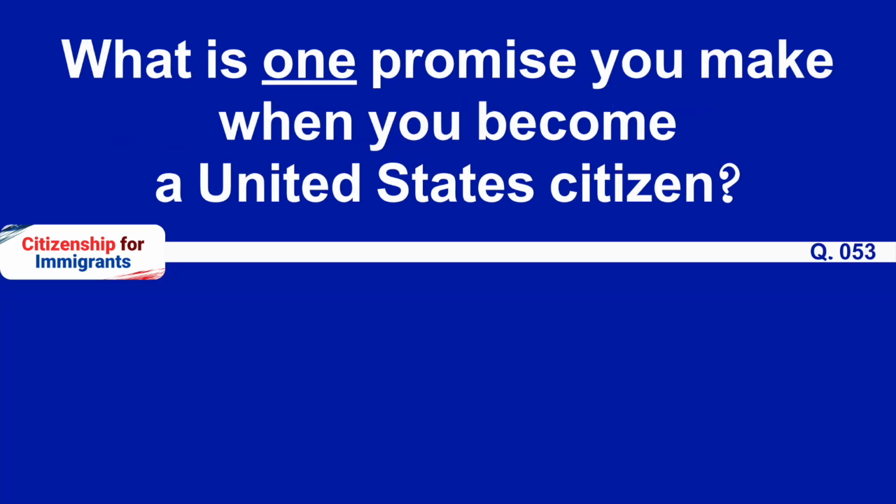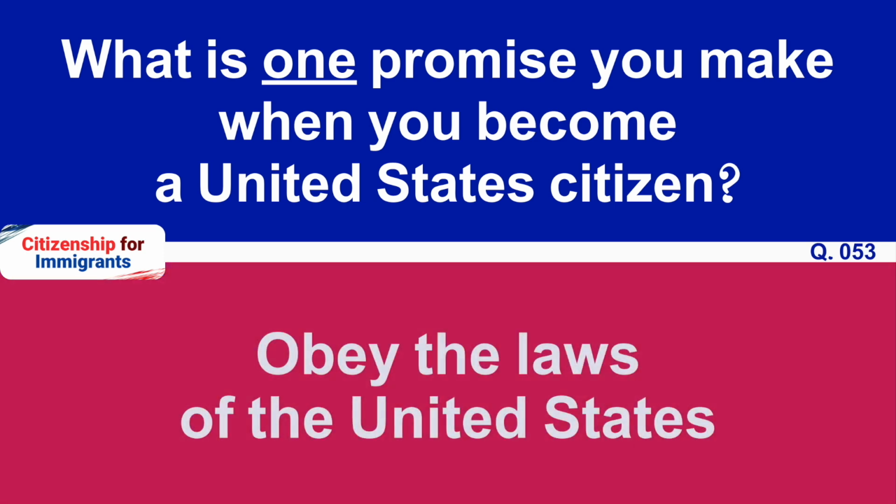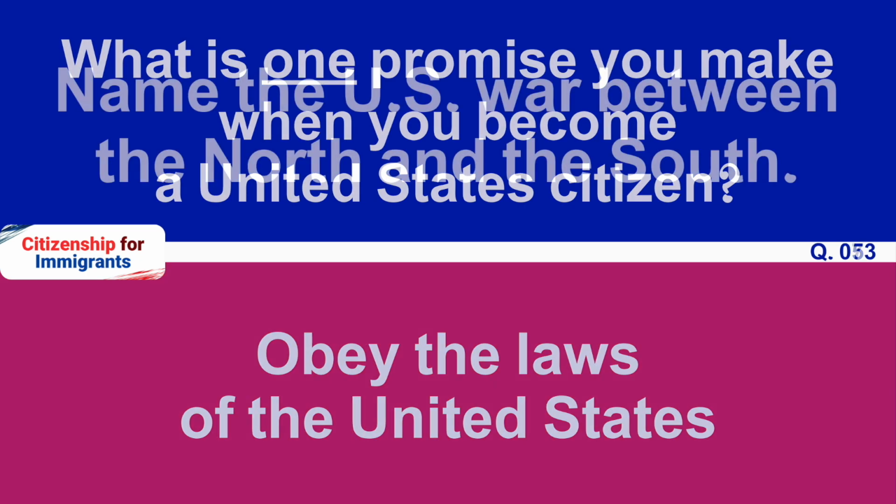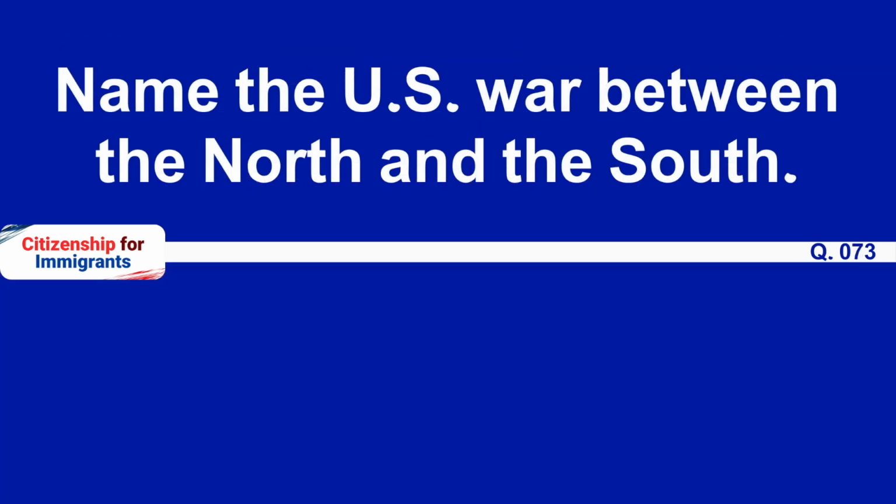What is one promise you make when you become a United States citizen? Obey the laws of the United States. Name the U.S. war between the North and the South.